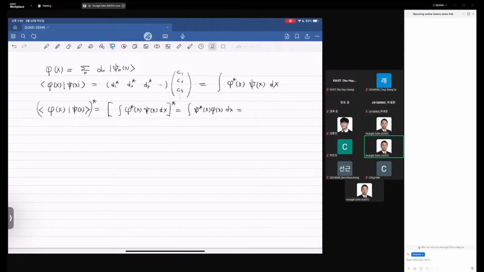And then this one, right? If I write this one and compare it with this one, then what is that? This one becomes a row vector, this one becomes a column vector, but this time phi and psi are flipped. So it's going to be C1 star, C2 star, C3 star, and so on, times D1, D2, D3, and so on.